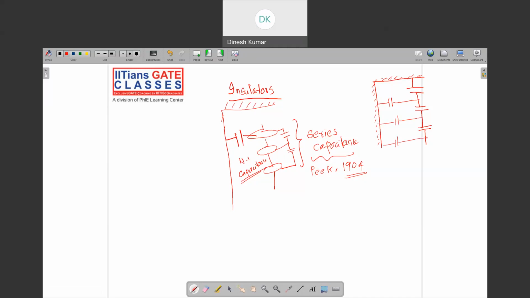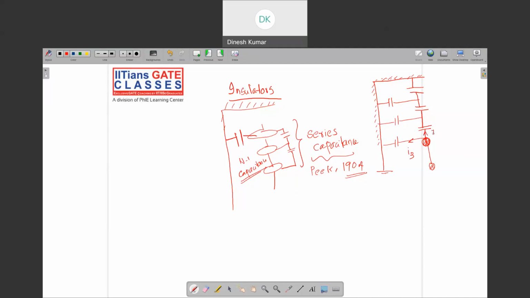Okay, assume that the configuration is like this. Here is the conductor, and the conductor will be coming here. Here is the conductor, and here is the ground. These are metals. We can write like this: this current is I3, just for the sake of convenience.